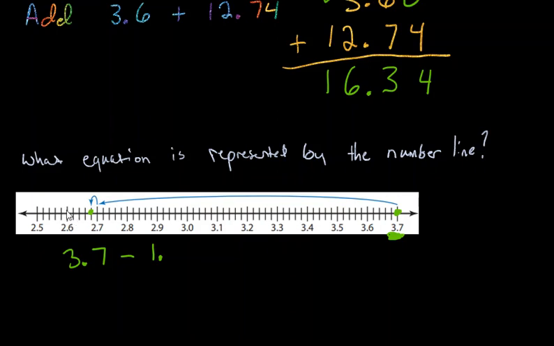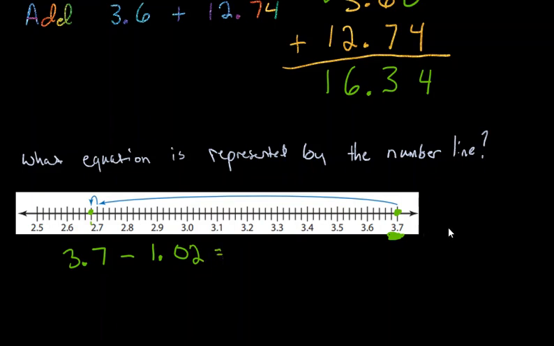What I'm going to do is count the spaces from 2 and 6/10 to 2 and 7/10. So I have 1, 2, 3, 4, 5. So that must be hundredths. So each one of these little hashes must be worth 2 hundredths because there's 5 of them. So 2, 4, 6, 8, 10. There's a whole. So I took away 1 and 2 hundredths. And that's which equation is represented by the number line.